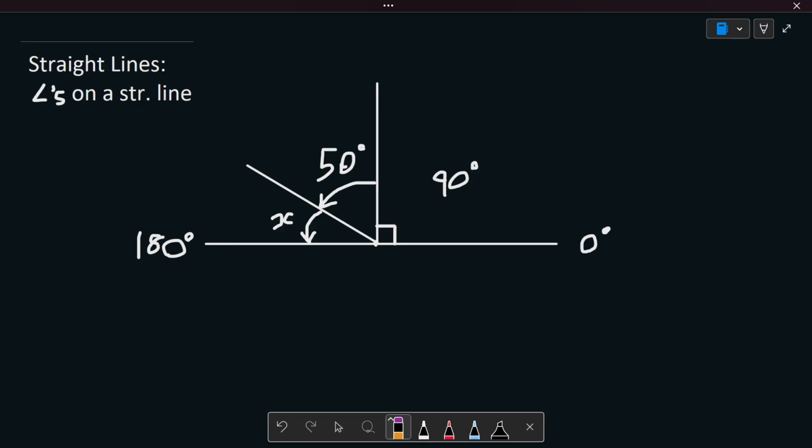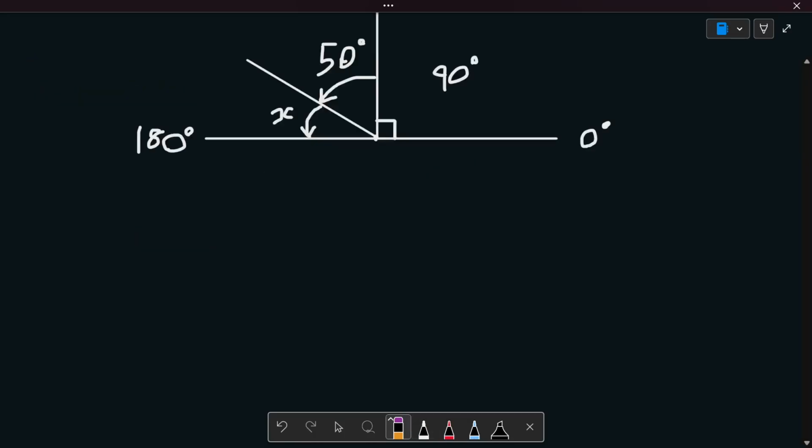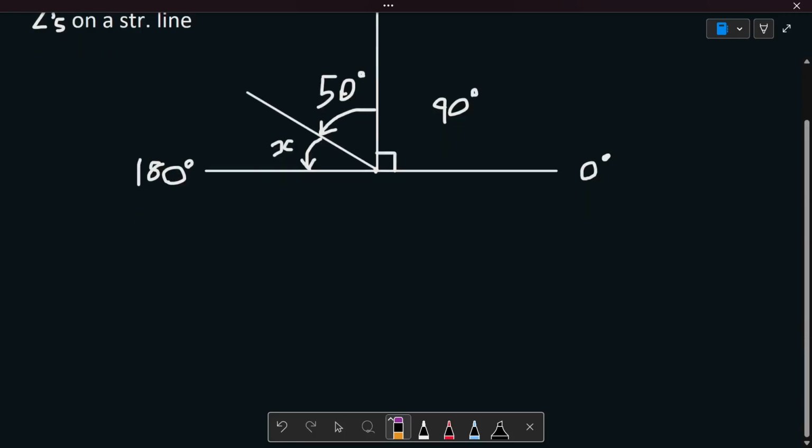So we know we are given three angles actually, and these three angles, when you add them up together, they have to give you 180 degrees. Okay, so let's actually do the example. Remember, angles on a straight line, you have to add all of the angles together and it'll give you 180 degrees. So let's write that exact same thing down.